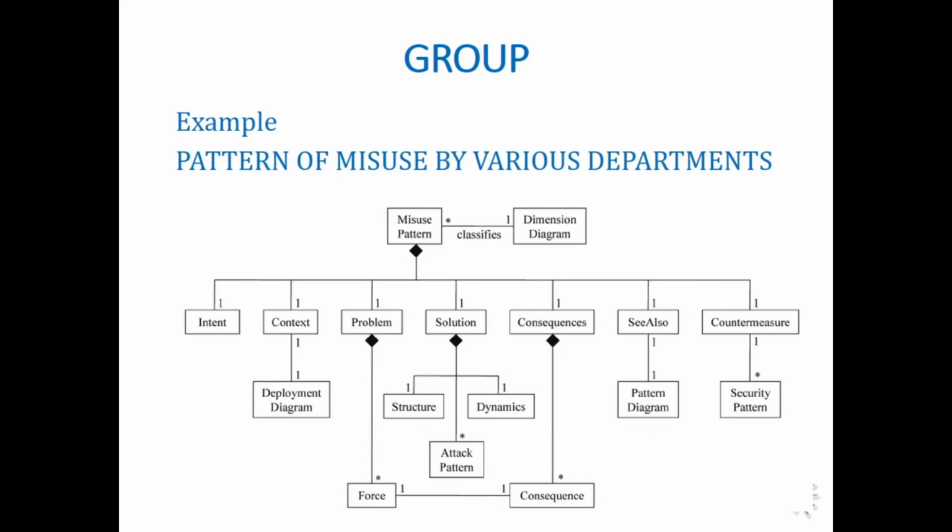Groups. When we are talking about groups, an example is the pattern of misuse across the various departments. When we use departments as a unit of analysis and collect data for investigation by the researcher from the different departments, as you know, in a department different functional bodies are working.